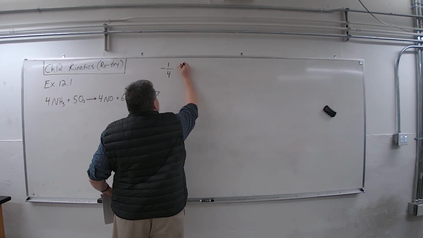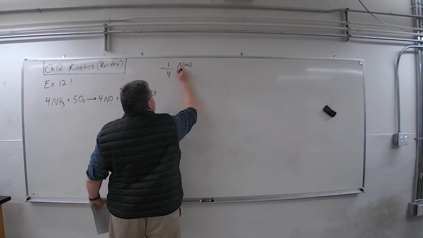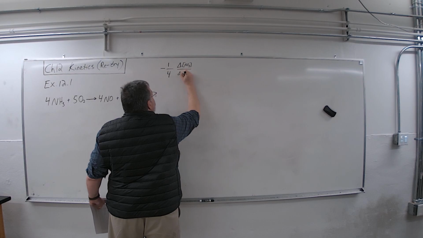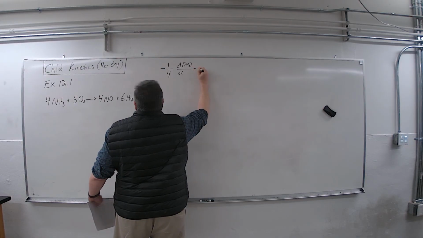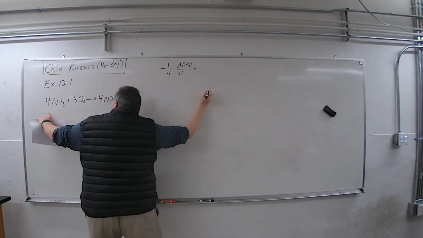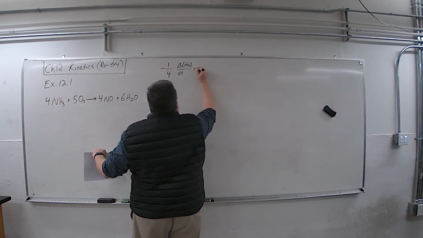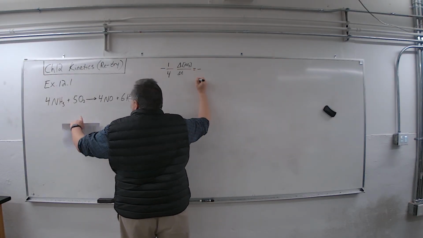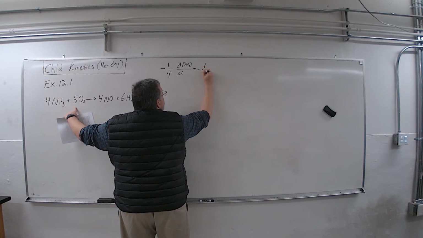And then the way it's usually written is this, referring to NH3, delta concentration over delta t, lowercase t, this is time, equals, I put a negative sign because it's on the left side. I'm going to put another negative sign. So that equals, now I'm going to do this one with a negative sign, 1 over 5.